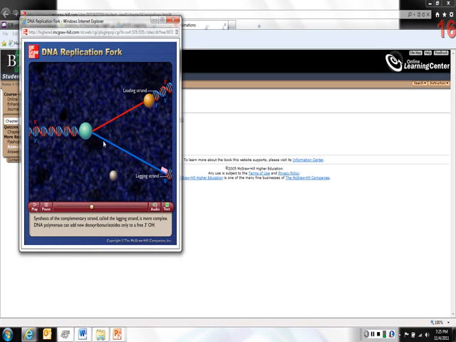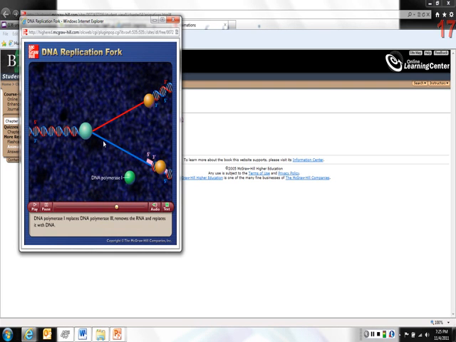DNA polymerase can add new deoxyribonucleotides only to a free 3' OH. To provide a free 3' OH starting point on the lagging strand, RNA primase attaches to the DNA and synthesizes a short RNA primer. DNA polymerase III then adds deoxyribonucleotides to the 3' end of the RNA primer.